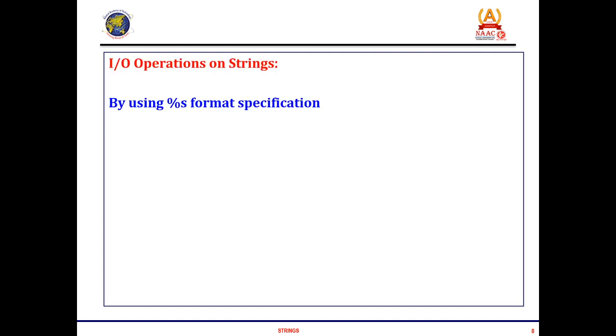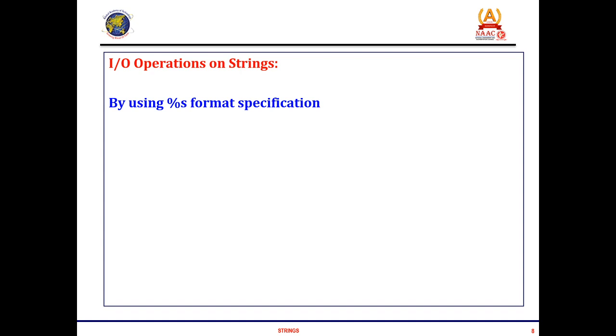Now let us see how these I/O operations take place in strings. We know that the format specification is part of the syntax of the formatted I/O functions scanf and printf. If you try to recollect, we have used %d for integer, %f for float, %c for character.